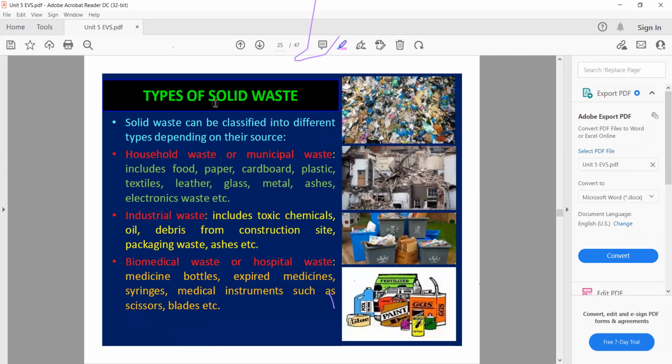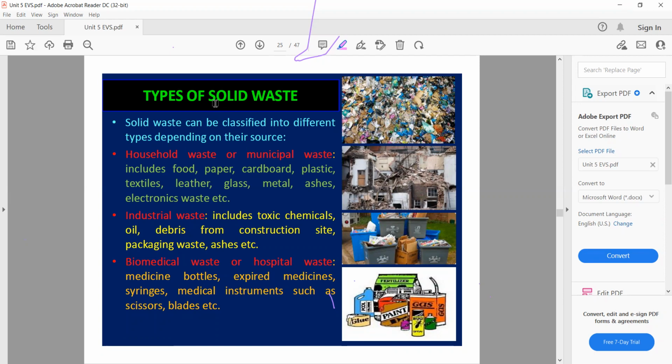Now coming to types of solid waste. Solid waste can be classified into different types depending upon their source. That means from where is it coming? Household waste or municipal waste includes food, paper, cardboard, plastic, textiles, leather, glass, metal, ashes, electronic waste, etc. Okay.